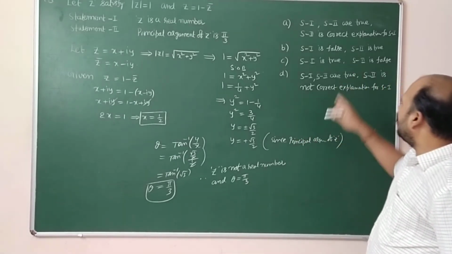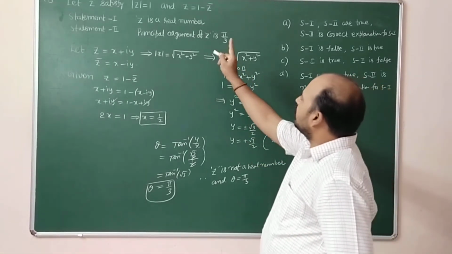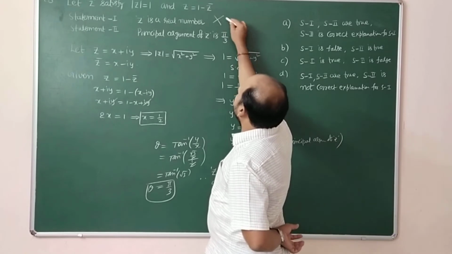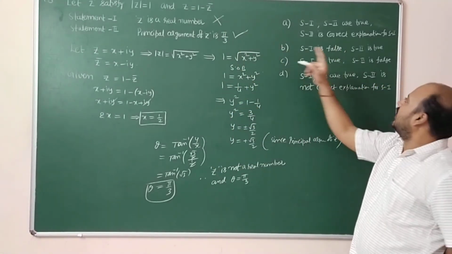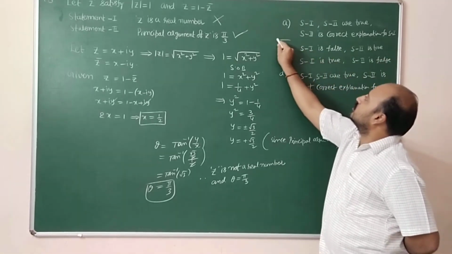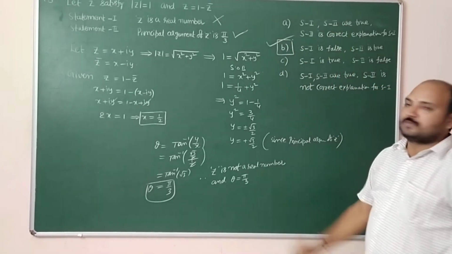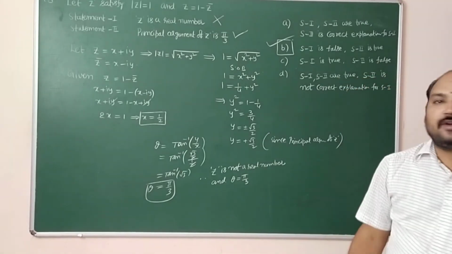So by observing the options, statement 1 is false and statement 2 is true. So the second option is the right option. So we will move to the next question now.